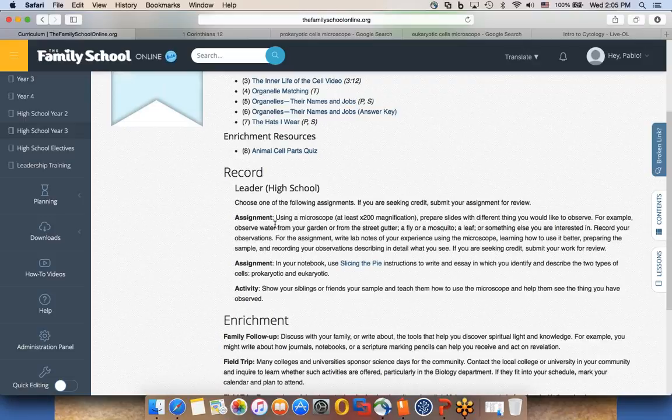For example, if you choose to do the assignment of using the microscope, then you copy the assignment into your paper. Usually we are going to ask you to prepare a paper or a presentation or something, but when you submit it, you need to tell the grader which assignment you are submitting, because we will probably have 5 or 6 different options per lesson.